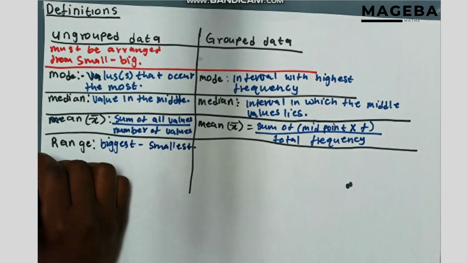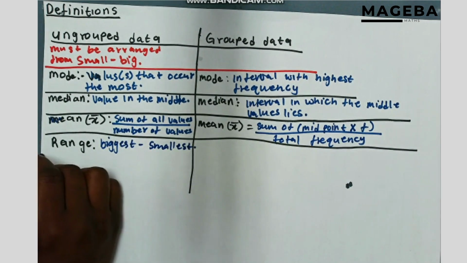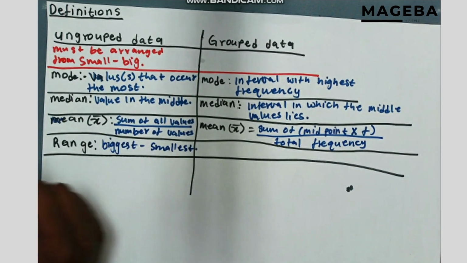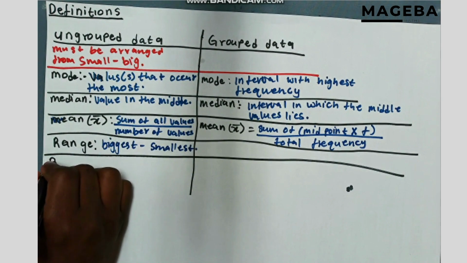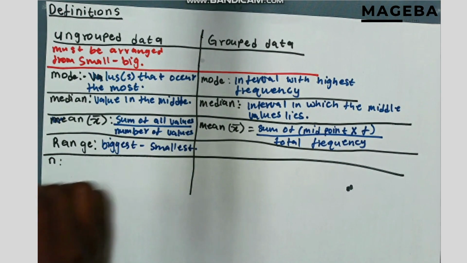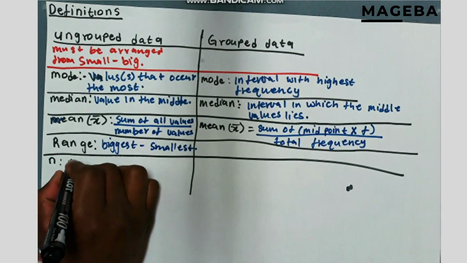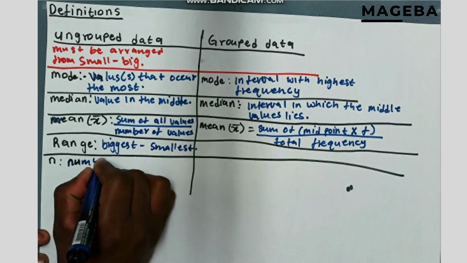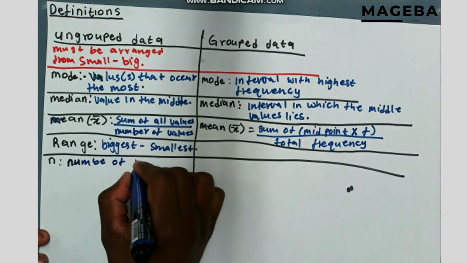And now we're going to have something that we call n. There's a value that we usually use, which is n, which is just the number of values.